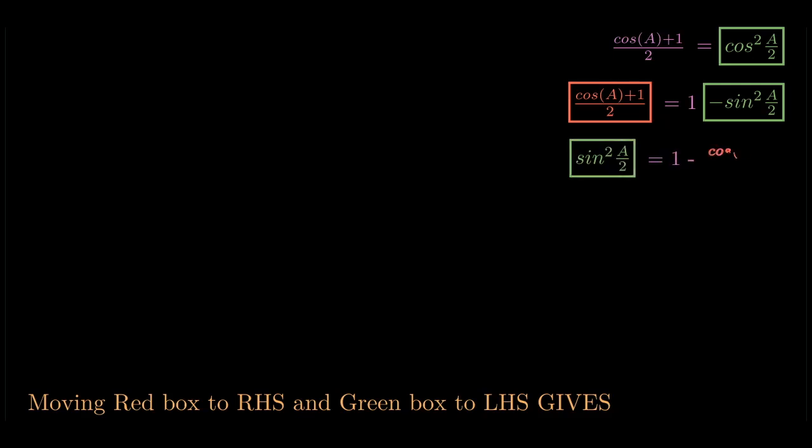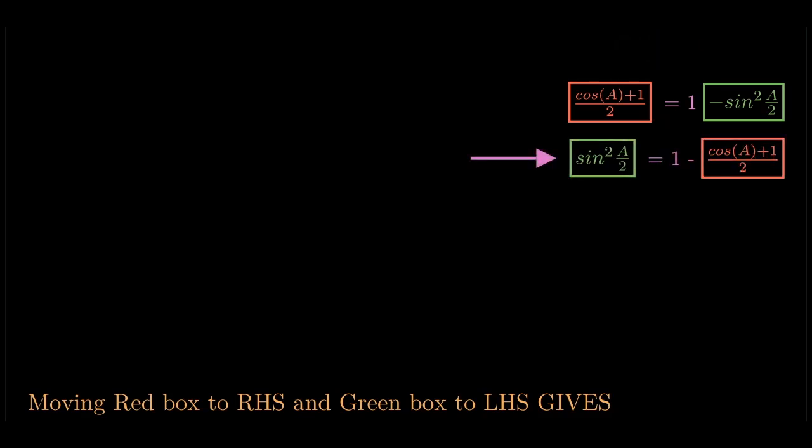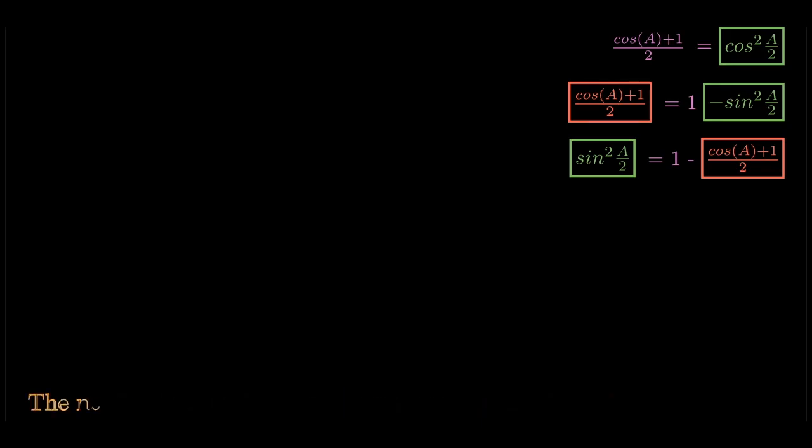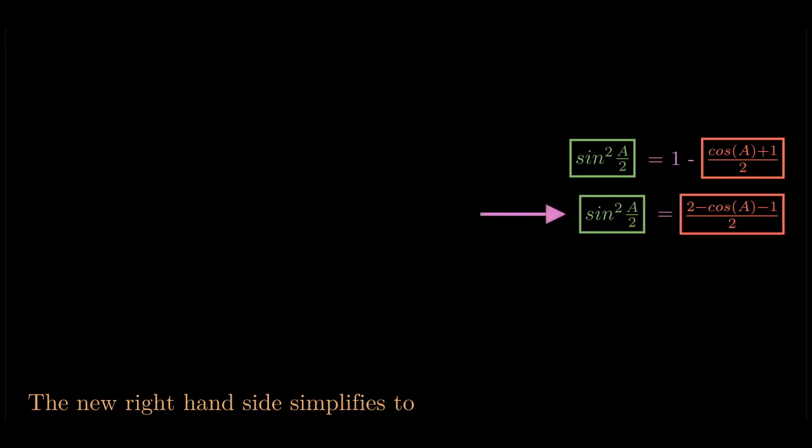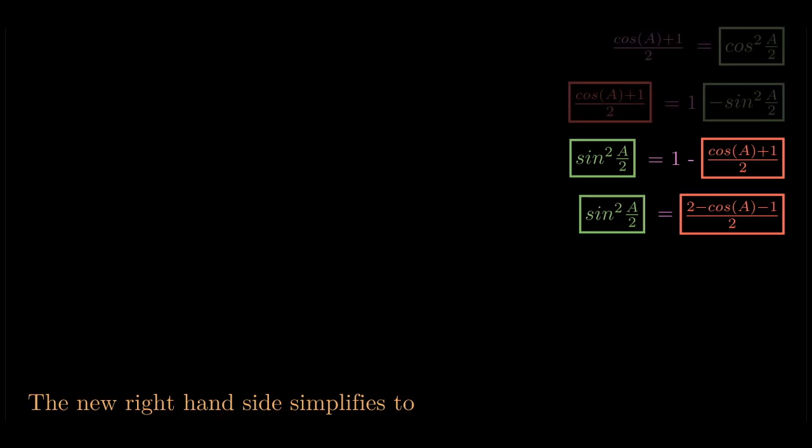Moving the red box to the right-hand side and the green box to the left-hand side, we get sine squared a by 2 equals 1 minus cos a plus 1 divided by 2. And the new right-hand side simplifies to 2 minus cos a minus 1, divided by 2, and that equals sine squared a by 2.